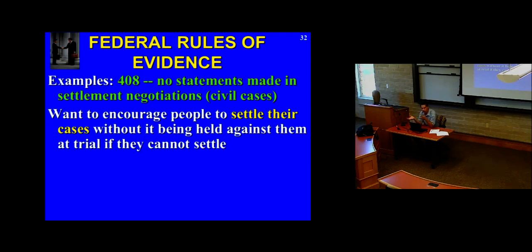Or if it's an insurance adjuster that is giving testimony and they've settled with other people or anything like that, if it were to show that, or any kind of obstruction of justice, something like that, then you could use the fact that there was a settlement agreement. Okay, so the idea is that we don't want things that people say during a settlement negotiation to be used against them.